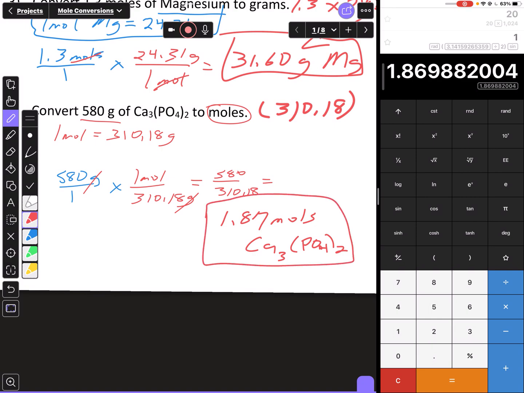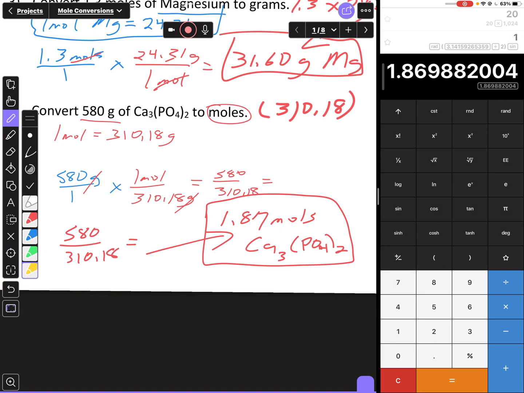Now, if I did it the other way, I need to remember grams to moles, I divide. I always take my grams given in the problem and divide by the molar mass. So I'd take 580, punch it in first, divided by the molar mass that I calculated, which was 310.18, and you get that same answer. So whichever way is easier for you, do what's best for you.